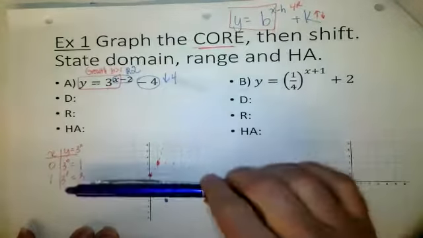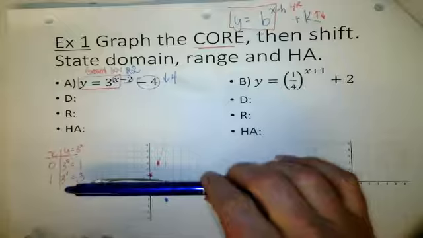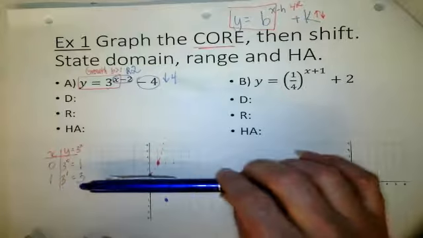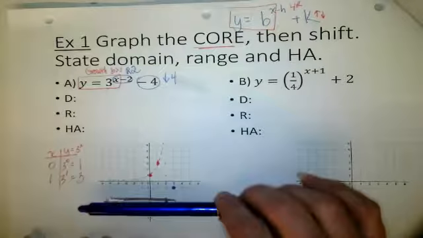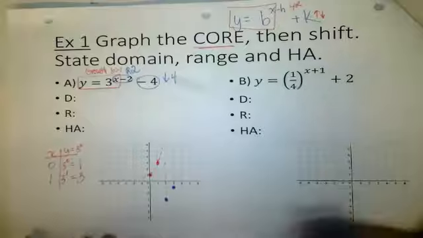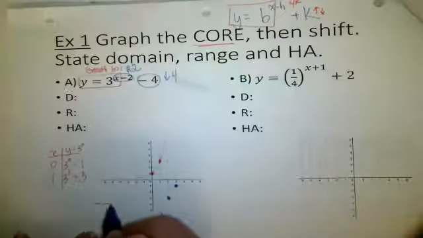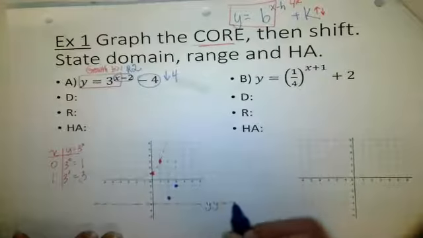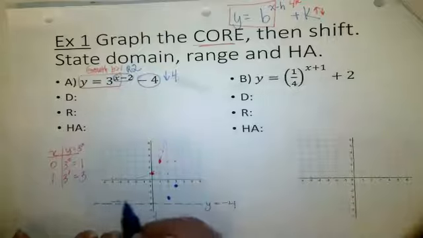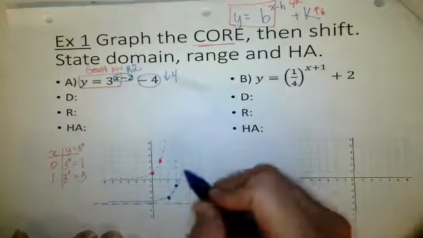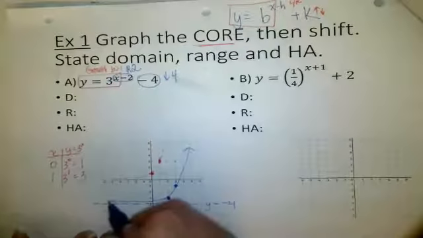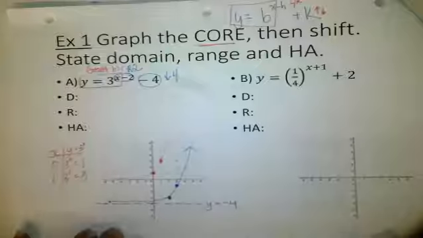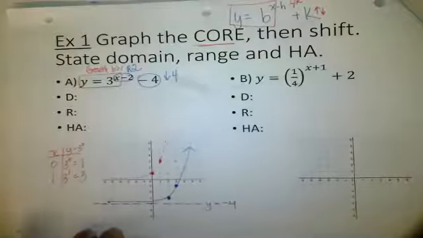Now, my asymptote was here at 0, and it got shifted right 2 and down 4. Where is it? Negative 4, yeah. So that asymptote is right here at y equals negative 4. Draw that in first, and then you can draw in your curve. The exponential Superman graph.